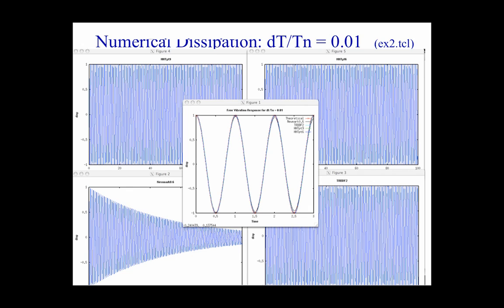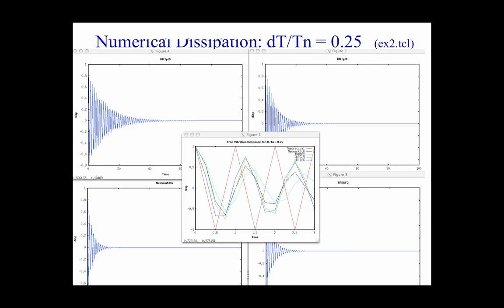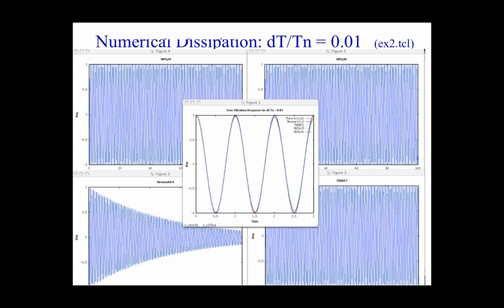So here's an example. I forget what this was. It's the same model. Basically, I'm just using the different algorithms: HHT 0.9, 0.6, TRBDF2, and the Newmark with gamma equal to 0.6, and the alpha was chosen for that stability condition.